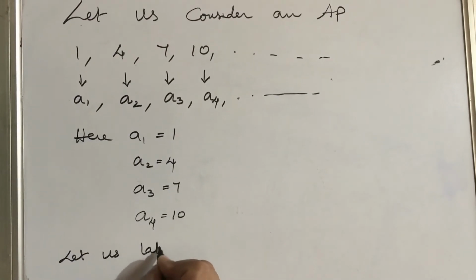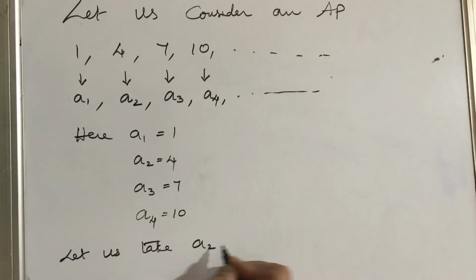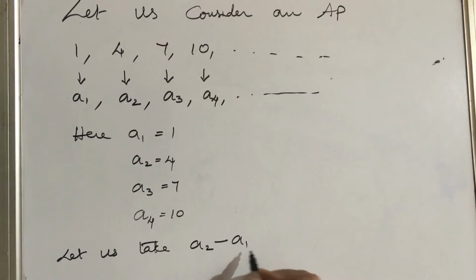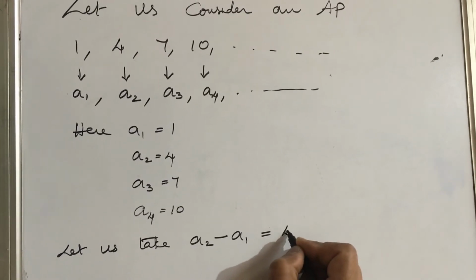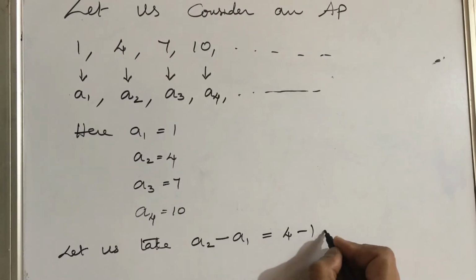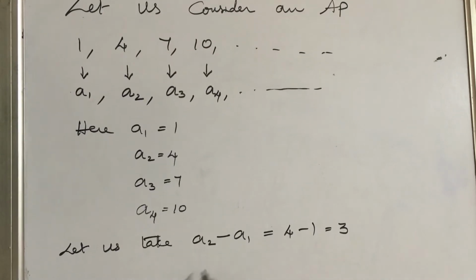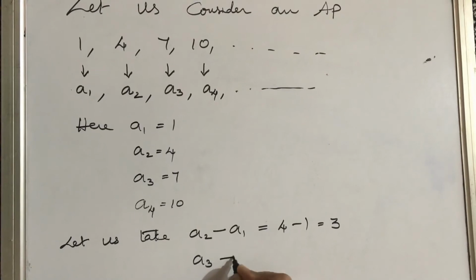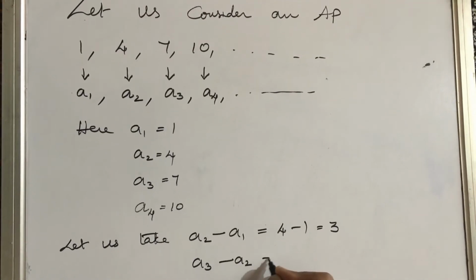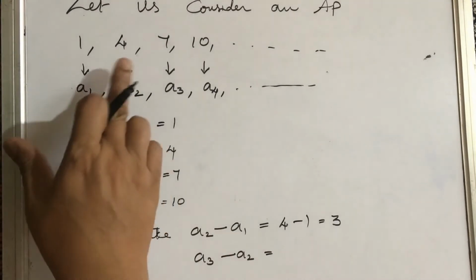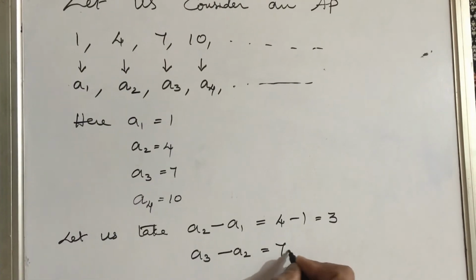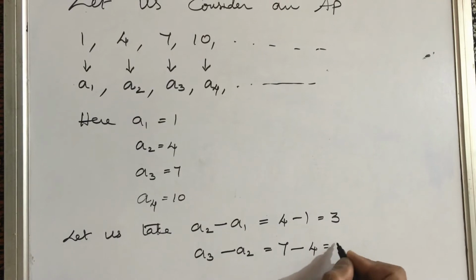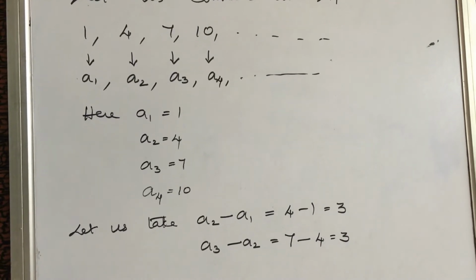Let us take the difference between the second term and the first term. What do we observe here? 4 minus 1 is how much? It is 3. And the difference between the third term and the second term: 7 minus 4 is how much? 3.